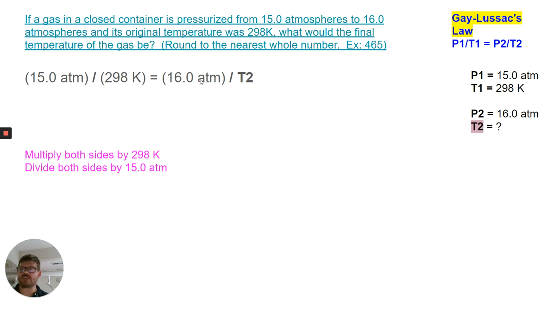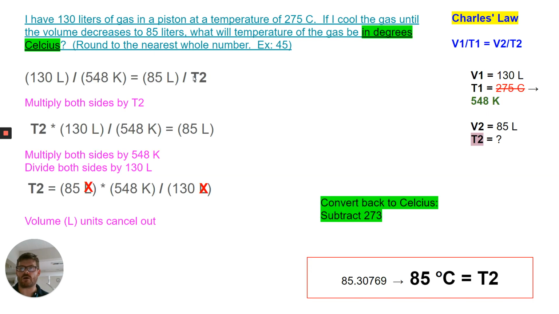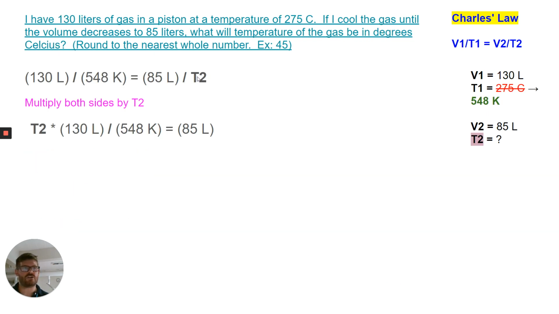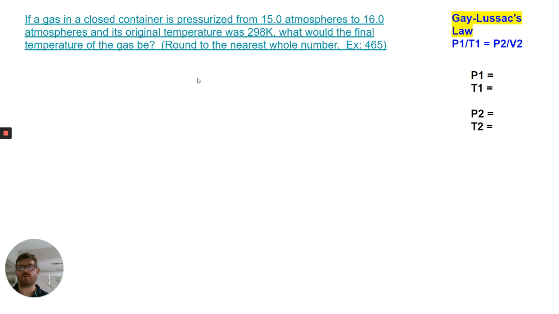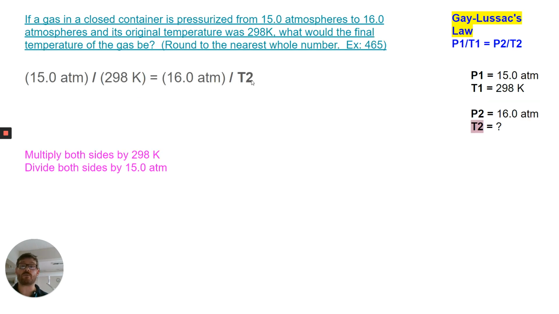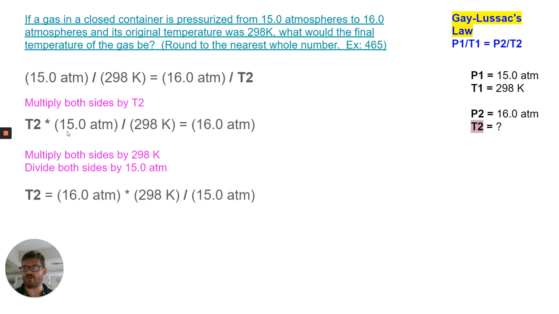We need to get T2 by itself. Notice how this one is similar to the previous one, where we had T2 all by itself. And so we're going to do that again over here. Same way, multiply both sides by T2, and that's going to get it on this side, and then multiply by the reciprocal, or multiply by that number there, divide by this one here.